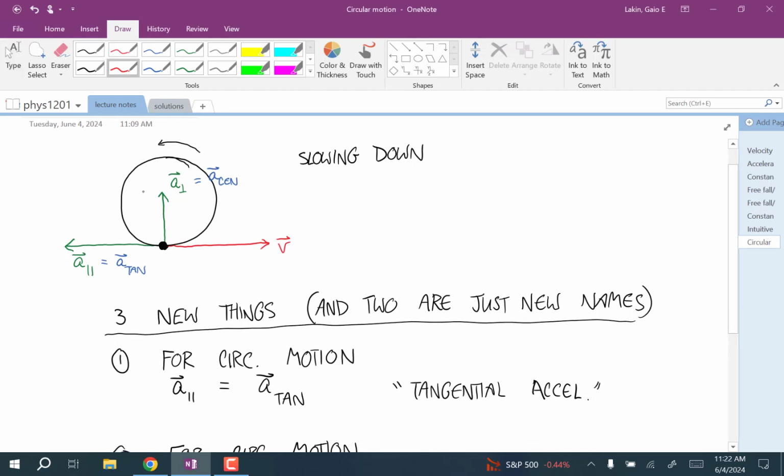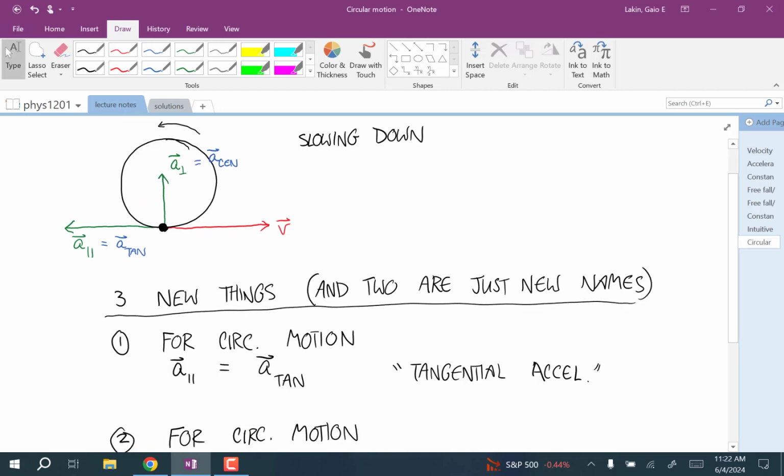So if your centripetal acceleration was bigger than v squared over r, it would turn too sharply to stay on the circle. It would start turning inside that circle. And if the centripetal acceleration was less than v squared over r, it would not be turning enough to maintain this circular path.